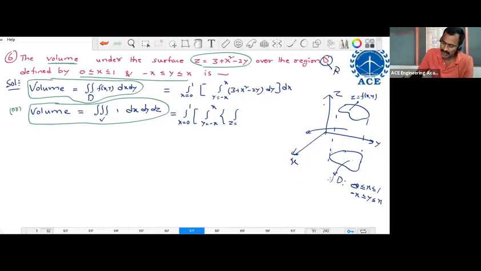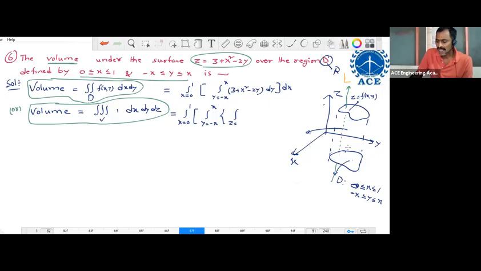We move parallel to Z axis only. It is a line drawn parallel to Z axis through this. That is, below this region, we have started at some point and we are moving like this parallel to Z axis.